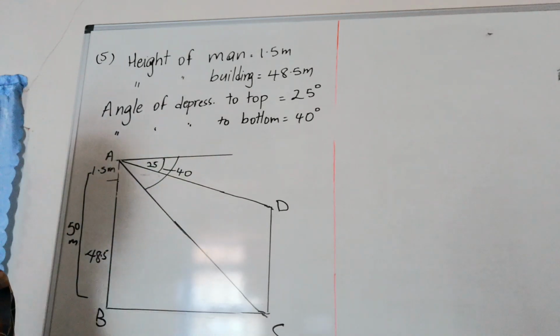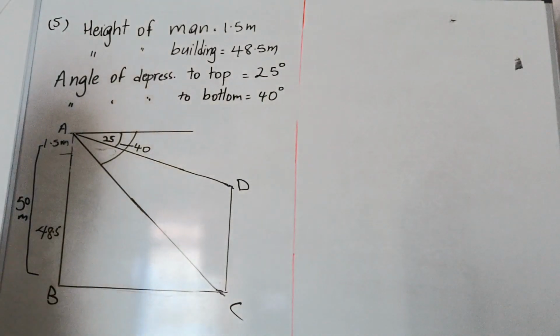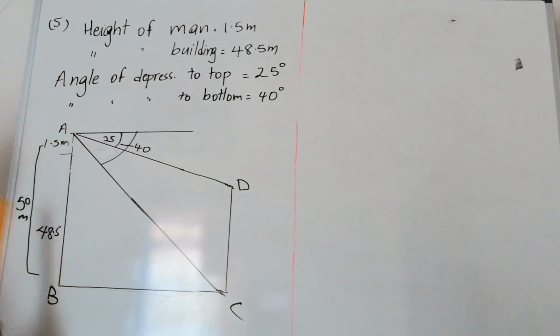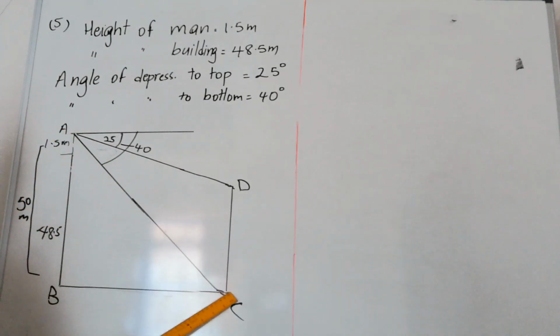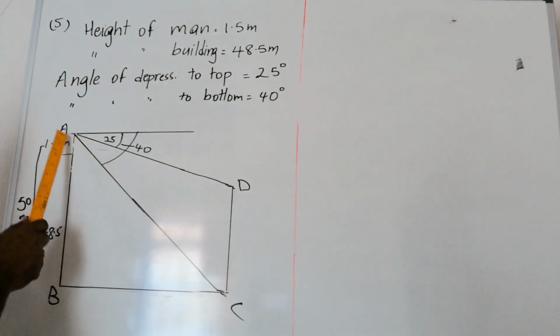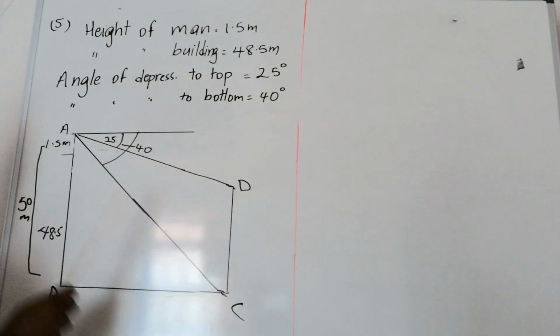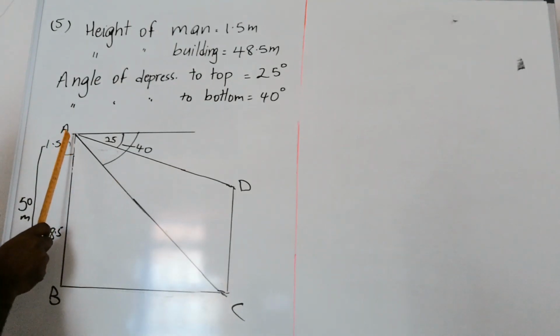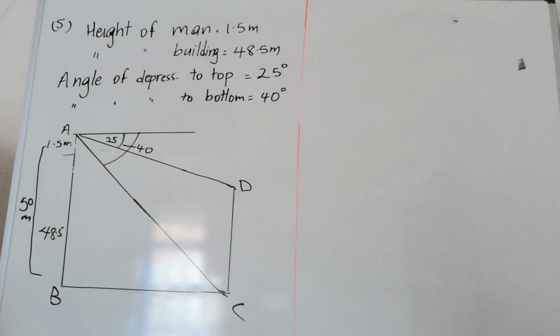So along the line of sight, we want the distance from A to the bottom of the building. So he's looking down here. This is his line of sight to the bottom. So we want to calculate the value for AC.